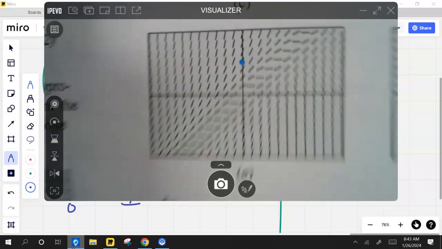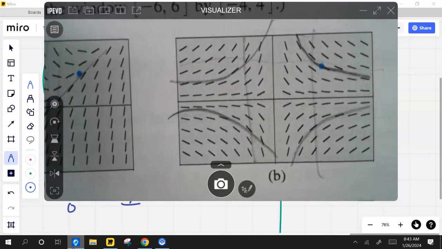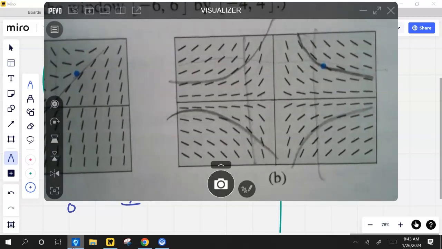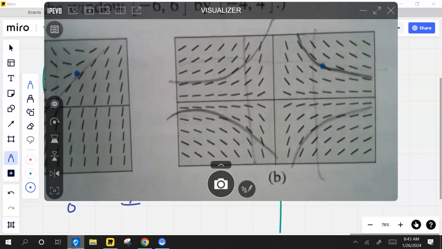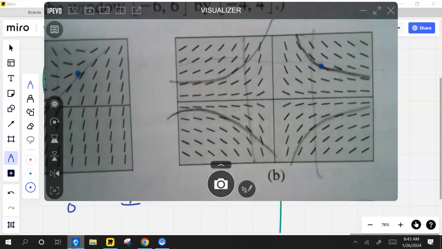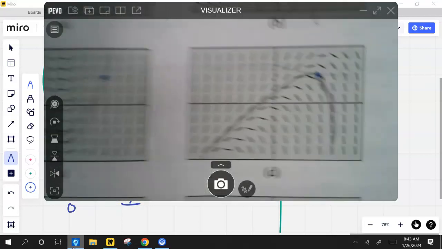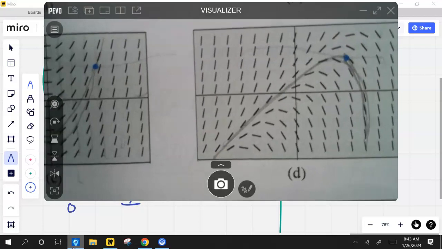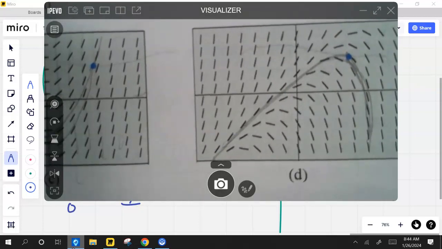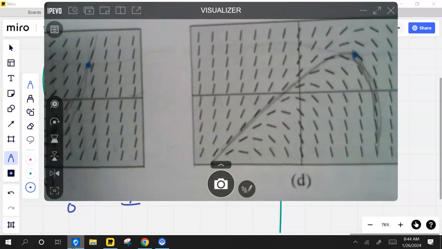Let me show you one that I've sketched out. Look at this one. See how it kind of follows along, because that's that one solution. But depending on where that blue dot was, if that blue dot was way down here, it would shift my graph here. Here's another. It says match the differential equation with the appropriate slope field to sketch the graph of the particular solution through the point.